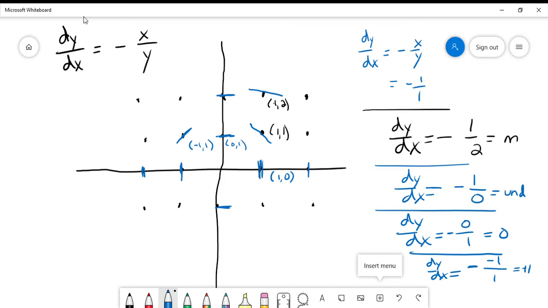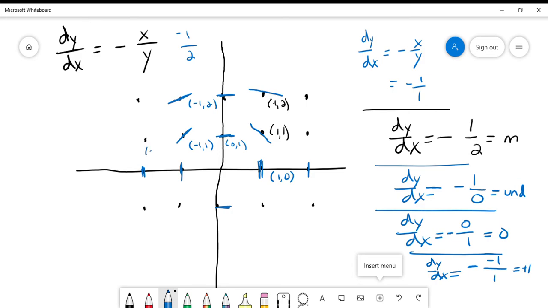Up here it's going to be +1/2. Remember the coordinates of this point are -1, 2. If I put a -1 here and a 2 down here, it's going to be +1/2.